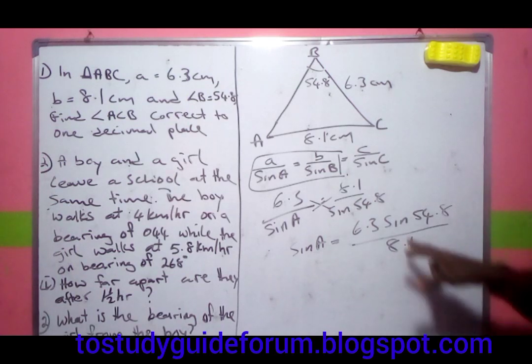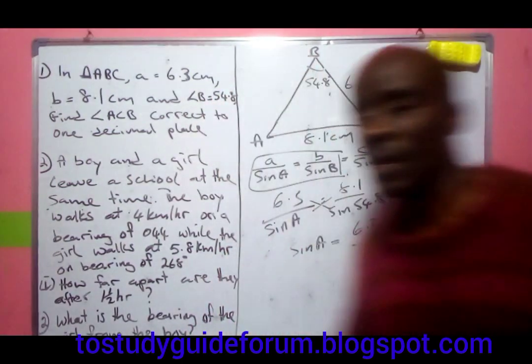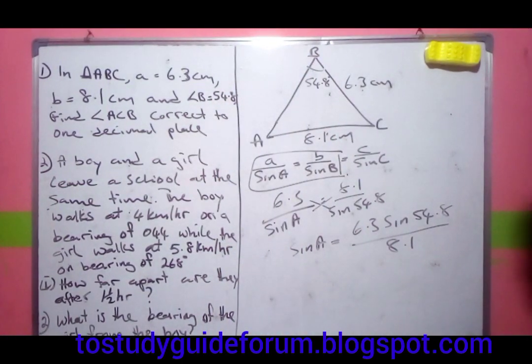What we're going to do here is to get the value of this sine. To get it, we will need a calculator or a table, any of them that you can lay your hand on.